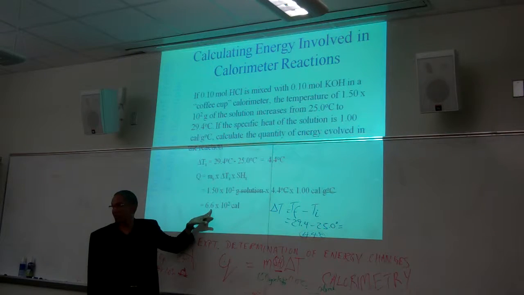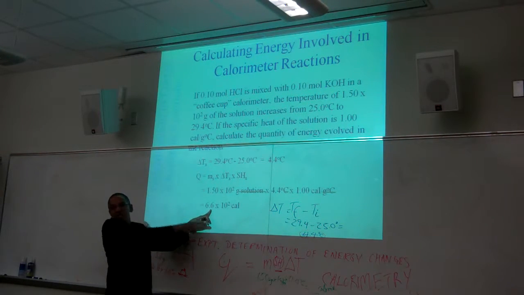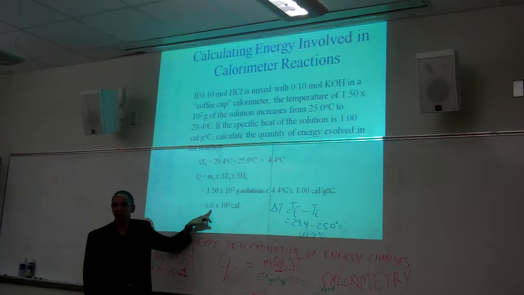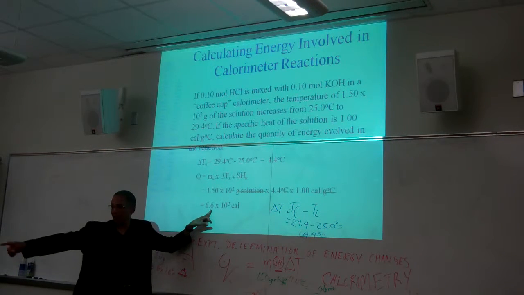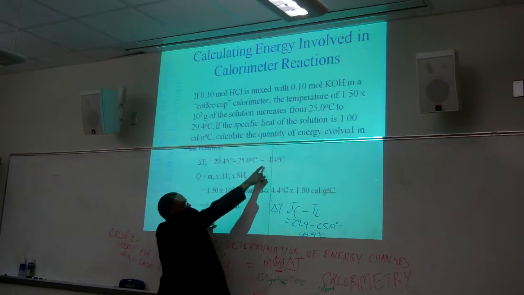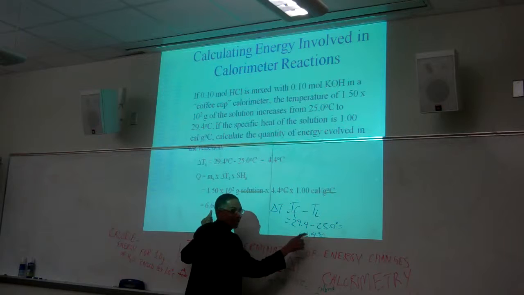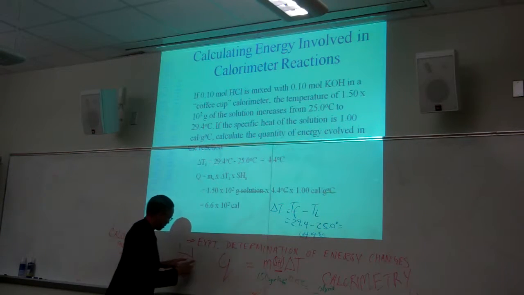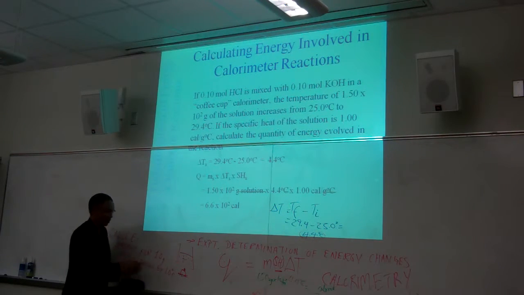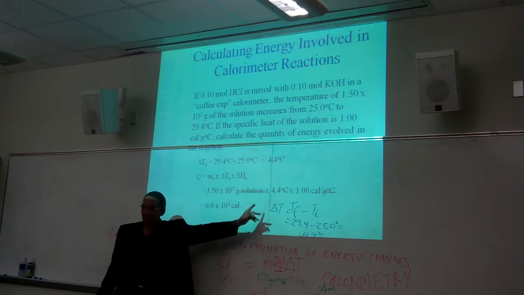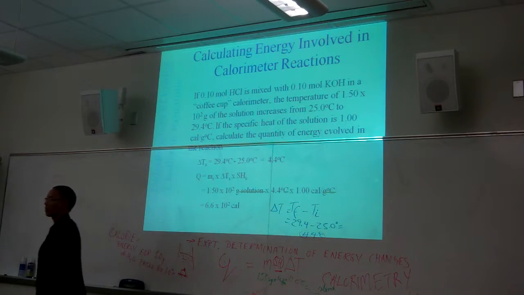The moles is in 2 sig. The moles? Like 0.10. That's 2 sig. Yeah, but I didn't use the moles in this calculation, right? Oh, the degrees and change. When you did your delta T, when you subtract these 2, you got 2 sig figs. And then you use this answer in your calculation here. So that's why it dropped to 2 sig figs.